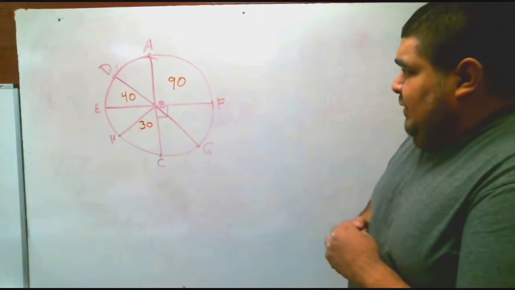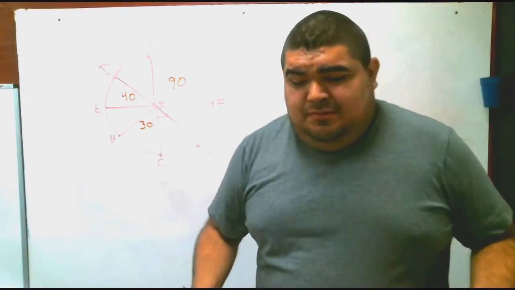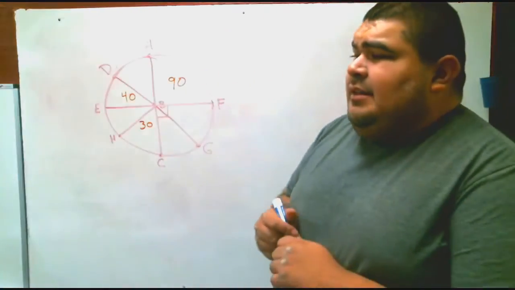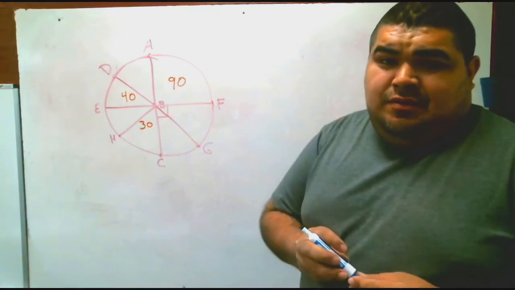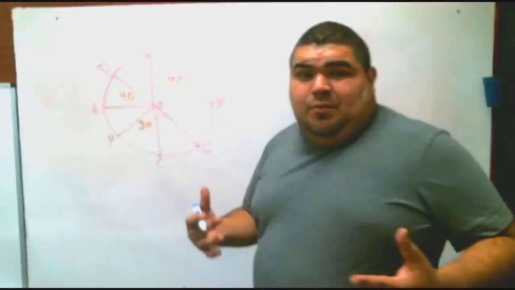All you have to do is solve the rest of them. Also, you're going to tell me what kind of arc, or if it's a semicircle, for the following ones.